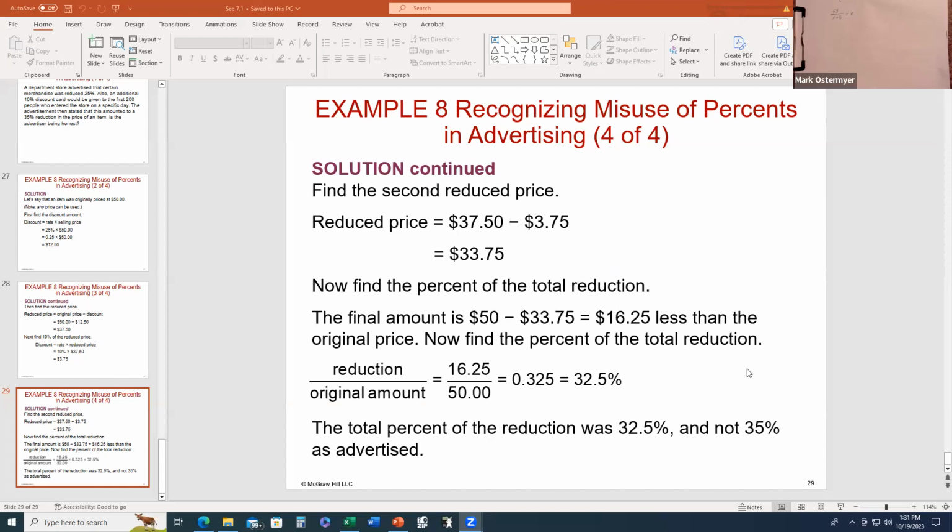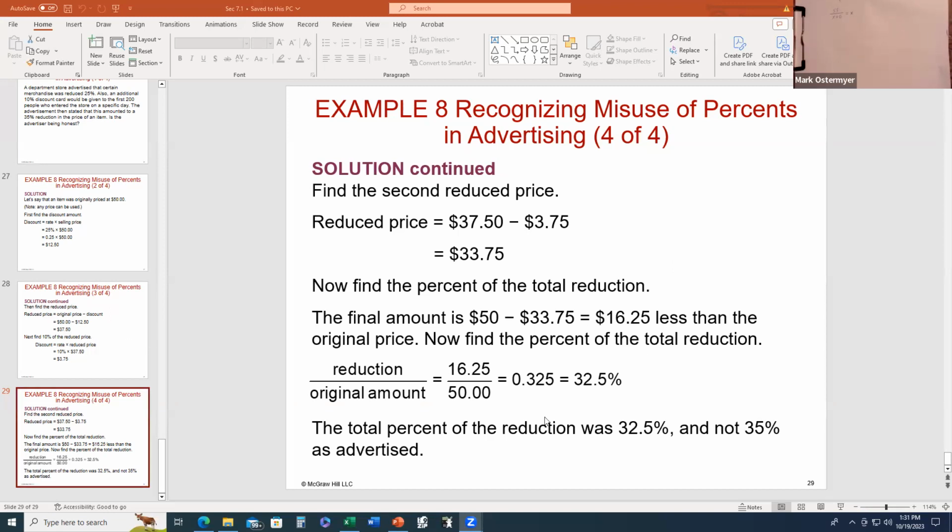So it's not equivalent to just summing up the original percentages and taking that percent off the original price. So I just want to point out here that it can be a little bit misleading with these multiple discounts. If you take the discounts off in stages, or if you add all the discounts together and then take it off the original price, there is a difference, what we're finding out.